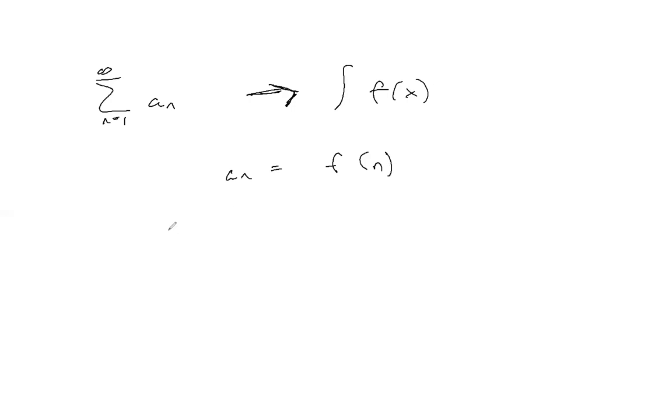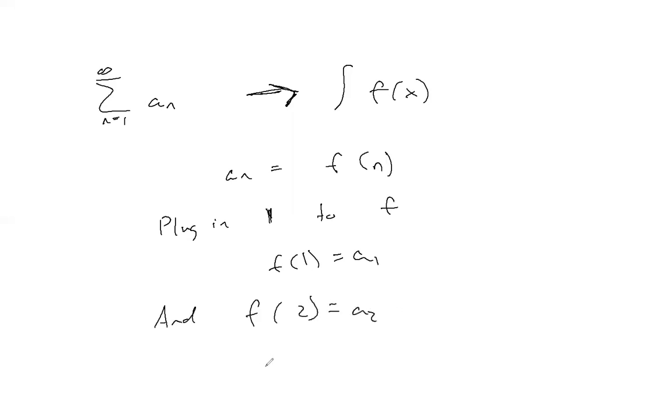Meaning, if I plug in 1 to f, then f of 1 should equal a of 1. And same thing goes for any other natural numbers. F of 2 should be equal to a of 2, and so on. And f of n should be equal to a of n.